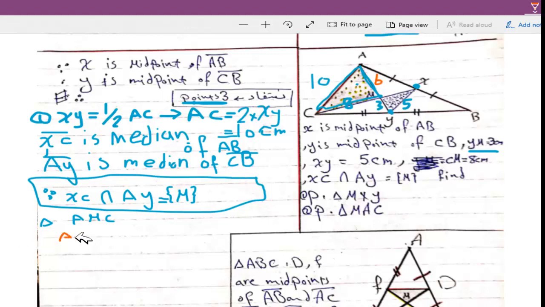AM equals twice MY, 2 by 3, will be 6 centimeter.